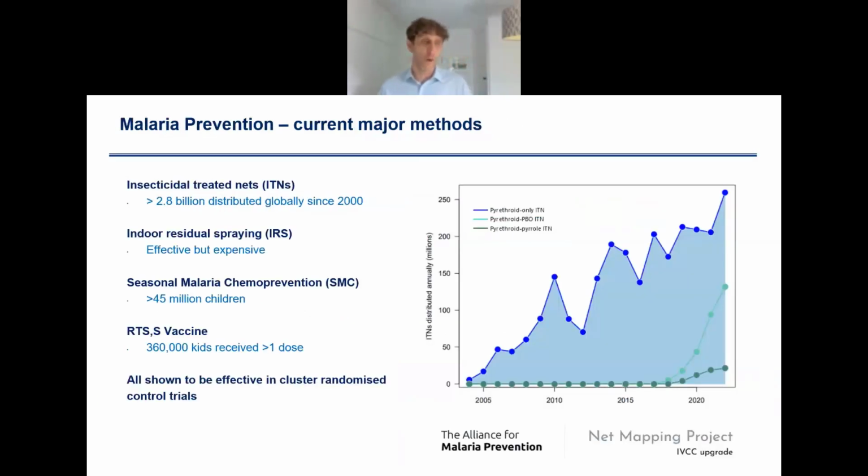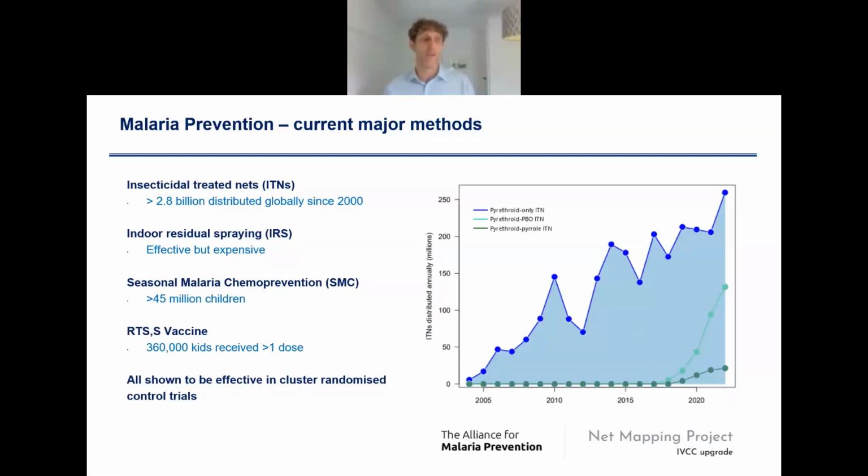So what's going on in malaria prevention? Well, as I mentioned, the malaria project shows statistically that the major impact is through the distribution of insecticide-treated nets. You can see on the plot on the right-hand side, something I drew the other day, the increased number of nets distributed each year across Africa.